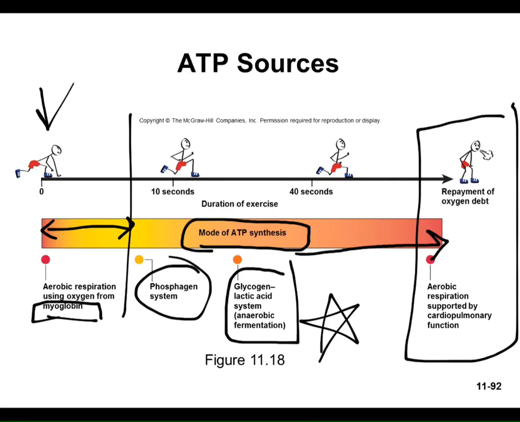Now what are we going to do? We're now going to repay the oxygen, because what are we going to do after we stop running? We're going to keep huffing and puffing, and what we're really doing is restoring that oxygen back to baseline. Well, for Mary, that only takes a couple seconds for her body to come back to normal because she's so efficient as a runner. But for me, I'm going to be huffing and puffing for a while, right?